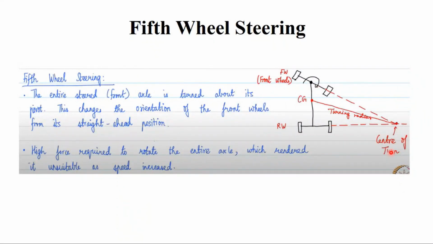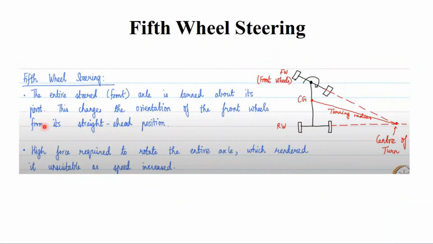We have a center of gravity between the front wheel and the rear wheel, and the line connecting the center of gravity to the center of turn is the turning radius.